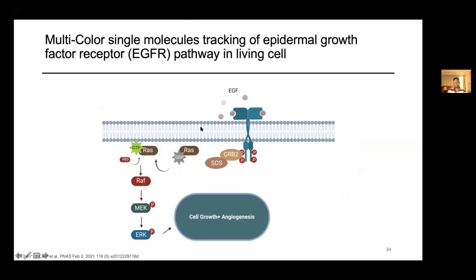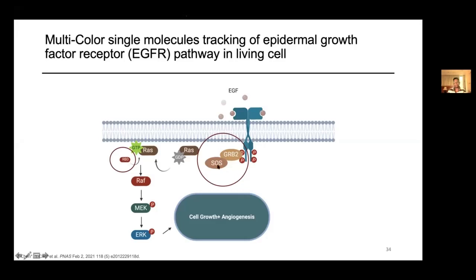The pathway we want to analyze is the epidermal growth factor receptor pathway. It is a very well-known pathway that people have studied for many years, and what we're interested in are these three molecules: Grb2, Src, and RBD.